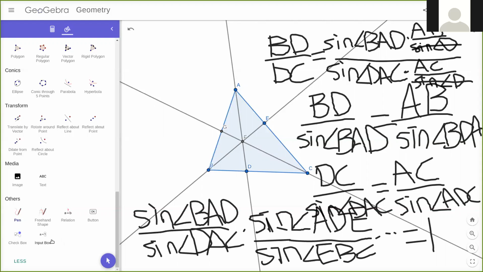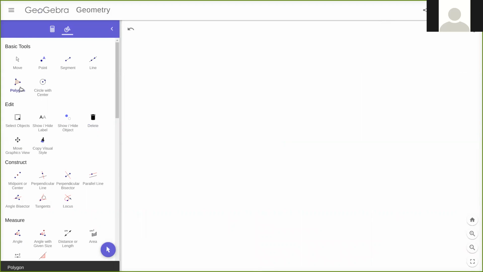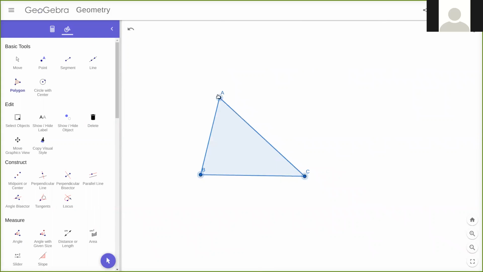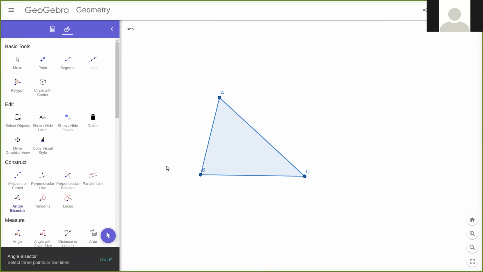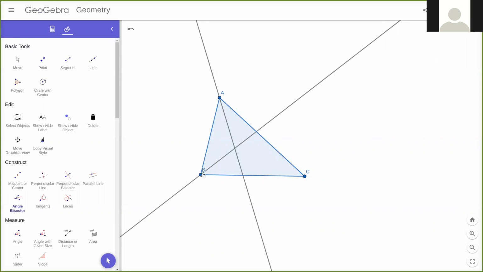So now let's look back at the altitudes, and actually first we can look at the angle bisectors, because the angle bisectors are defined using angles. We actually don't need the angle bisector theorem in order to use the trigonometric form of Ceva's theorem. D, E, and making F.